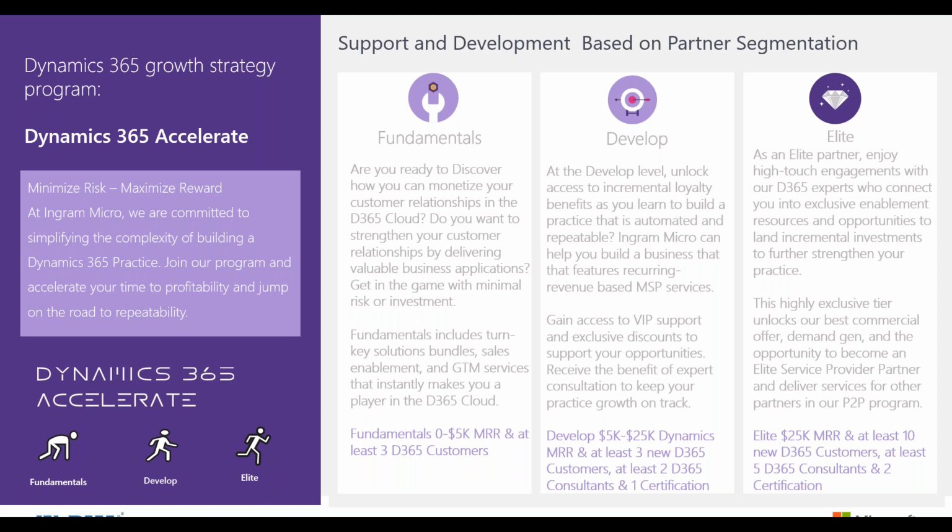This is measured if you are doing a business between 5,000 to 25,000 monthly recurring revenue, and have at least 3 new D365 customers, and at least 2 D365 consultants of whom 1 is certified, then this tier is exclusively for you.